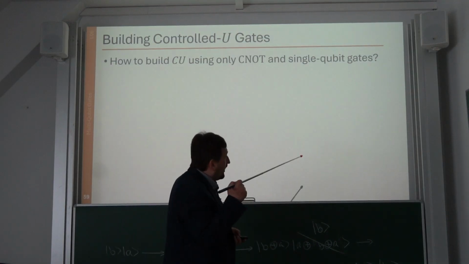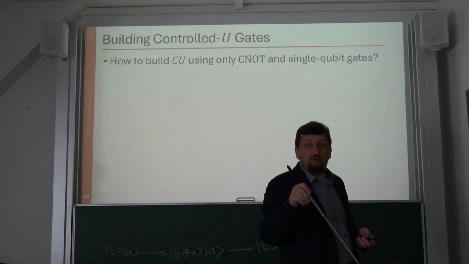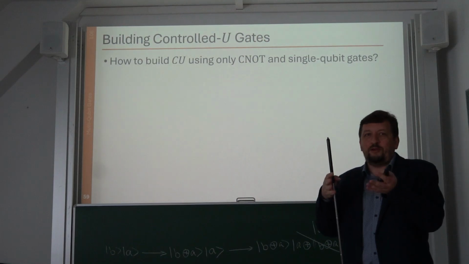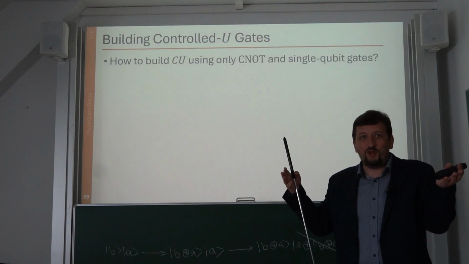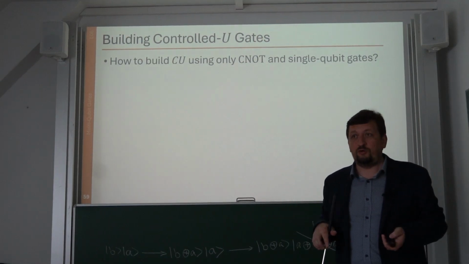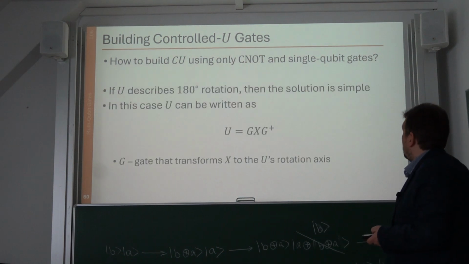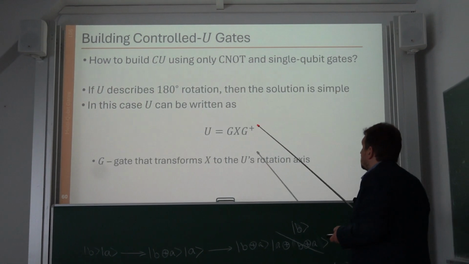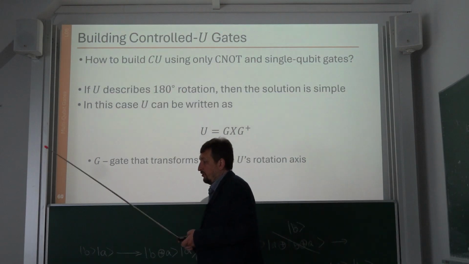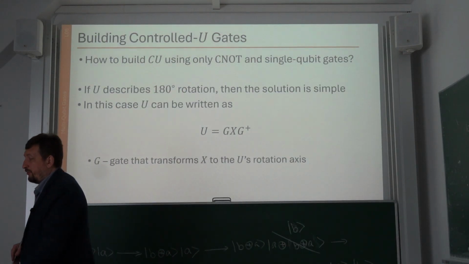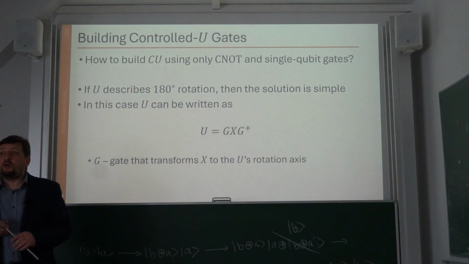Okay, how can we build this control U gate if we are limited to single qubit gates and control NOT? Well, that depends on what type of rotation this single qubit gate U describes.